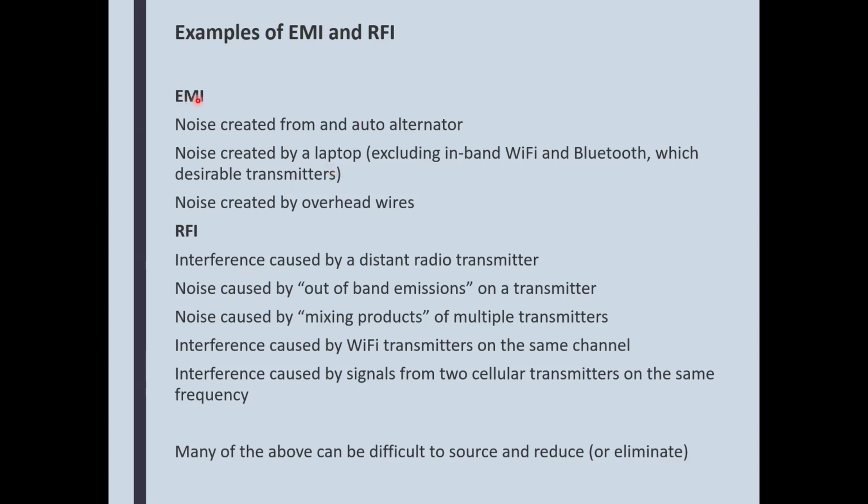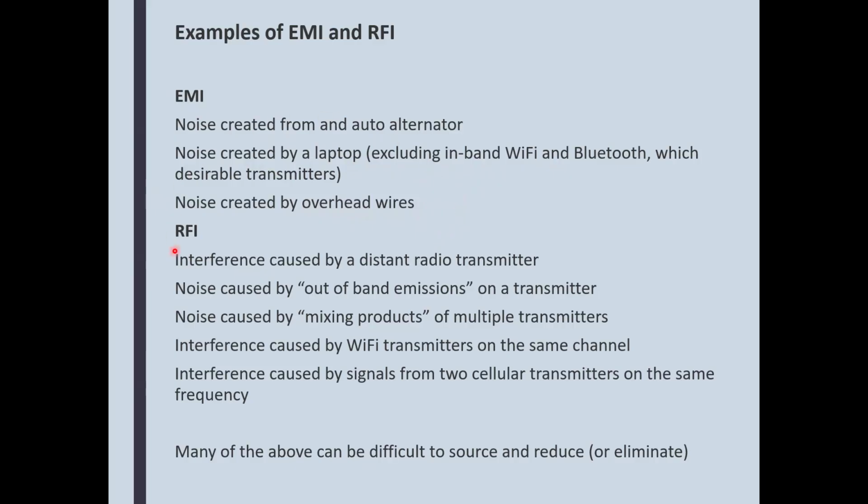Talking about EMI, electromagnetic interference, excluding the in-band Wi-Fi. So, noise created by a laptop, but not the Wi-Fi that the laptop has or utilizes. Noise created by the overhead power wires. Noise created by an electric motor, an electric dryer, and so on.